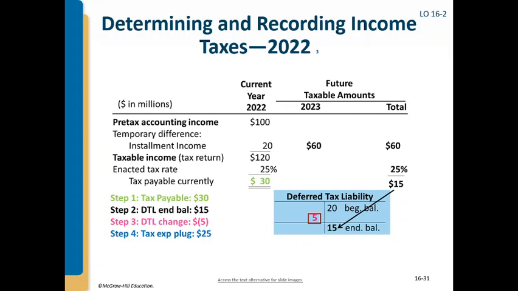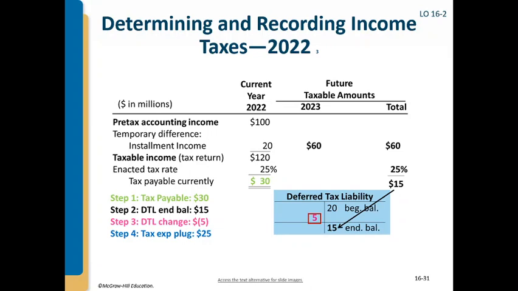And then your deferred tax liability needs to be at 15. It's now at 20. So you need to debit or reduce deferred tax liability by 5. And then again, you've got a plug number there for the tax expense.